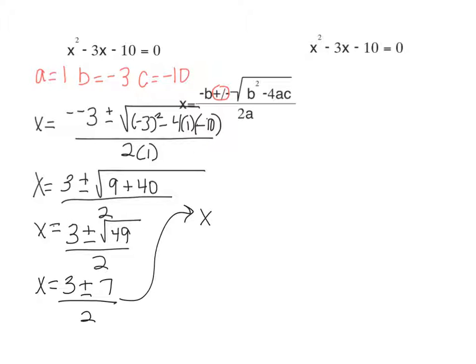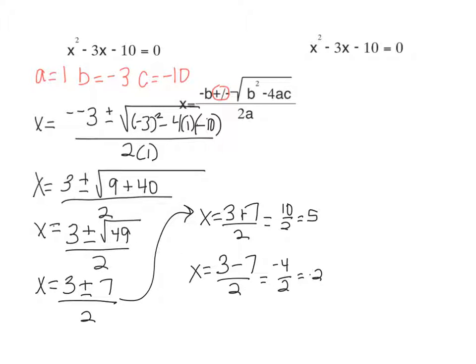I have the problem x equals 3 plus 7 divided by 2, and I have the problem x equals 3 minus 7 divided by 2. So my two answers are 10 over 2, which we know to be 5, and negative 4 over 2, which we know to be negative 2.